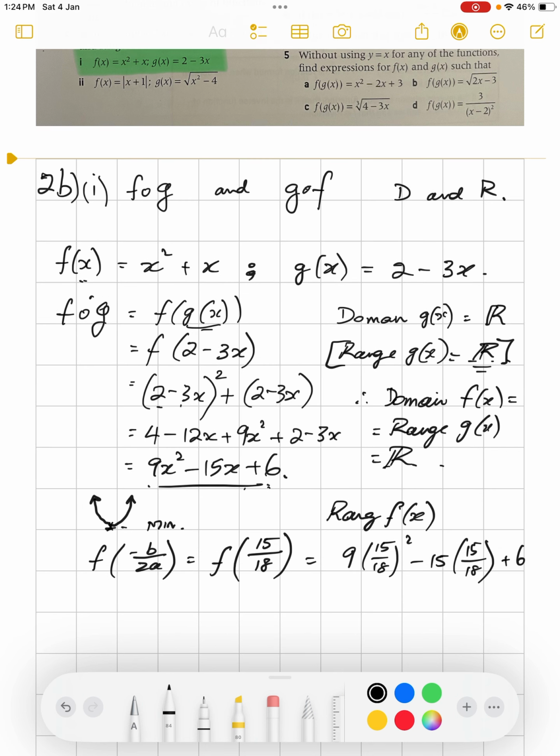The minimum point happens at the point 15 over 18, comma, and at this value here once we put that into our calculator. So let's calculate that.